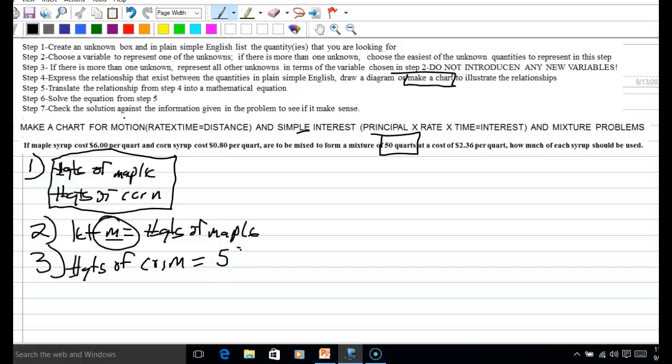Well, if there is a total of 50 quarts combined of maple and corn, if I use M number of quarts of maple, then the remaining number of quarts in that mixture would be corn syrup. So that would be 50 minus M.